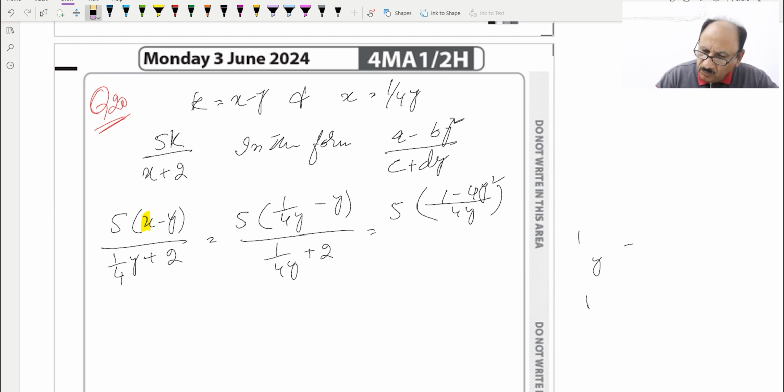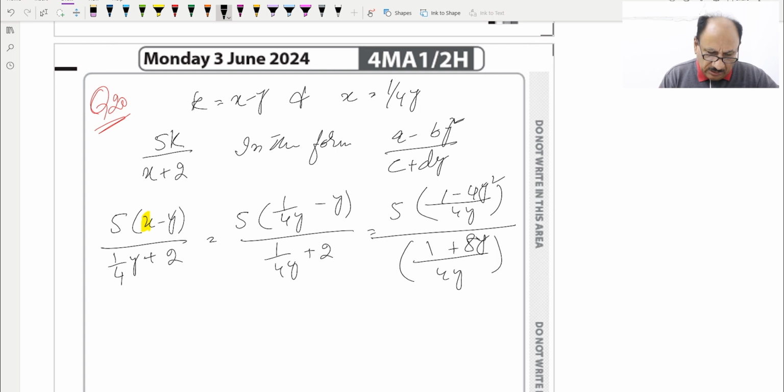Hopefully you understood this. If you are still not understanding, it means your algebra is weak and you need to practice algebra a lot. And the denominator will be 4y plus 8y, over 4y, which is 1 plus 8y over 4y.